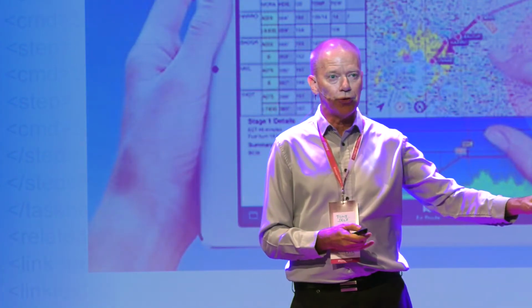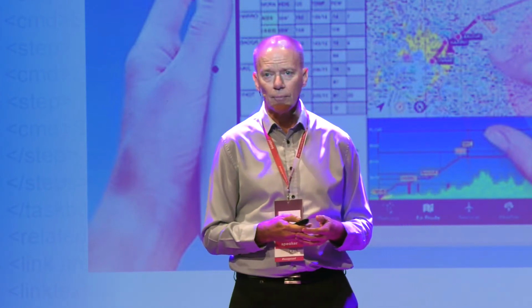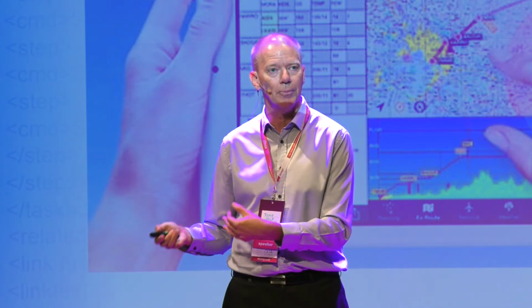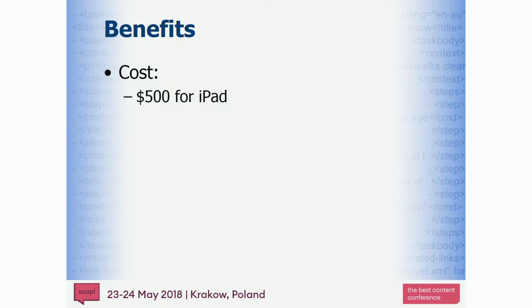So now we've arrived. So this is the software that I'm talking about, which is called AvPlan. It happens to be an Australian product and happens to be made in the same city that I'm based in, Melbourne. So the benefits of AvPlan are probably going to be obvious, but the cost, it costs about $500 for the iPad, and again, translate into your own currency.